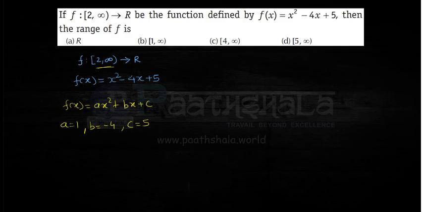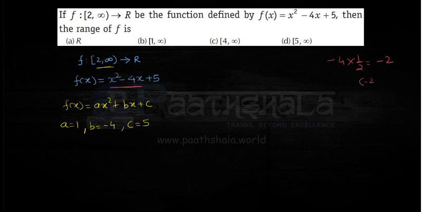So starting with this function, we complete the square for the quadratic expression x square minus 4x. For that, take half of the coefficient of x, which is minus 4 into half, that is minus 2, and square it.